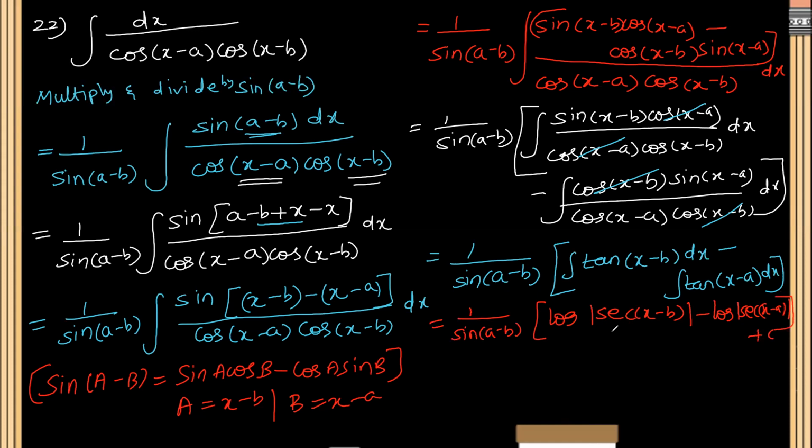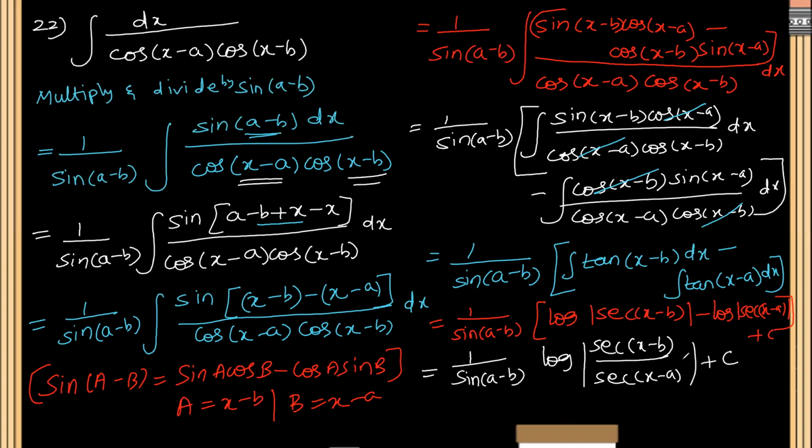We know the logarithmic property: log m minus log n can be written as log of m by n. So 1 by sine of a minus b into log of secant of x minus b by secant of x minus a, the whole plus c is the final answer.